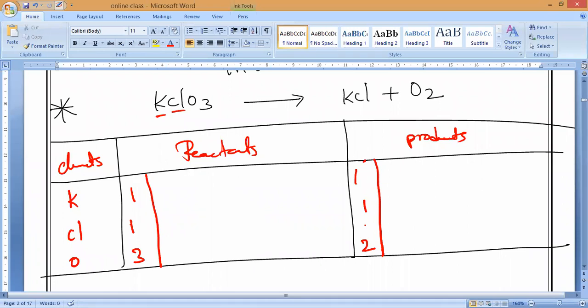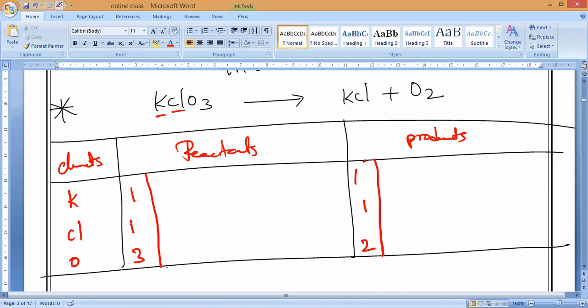So shall we start, guys? Yes. Now, if you notice, in step one itself, potassium is balanced, chlorine is also balanced, 1, 1. But who is imbalanced? Oxygen.